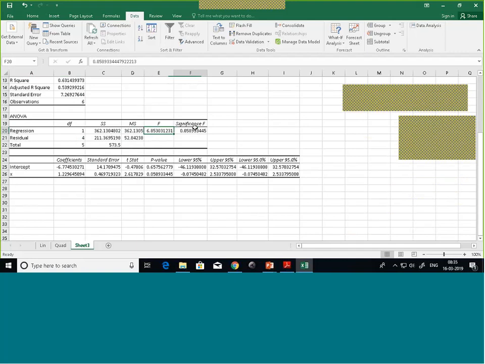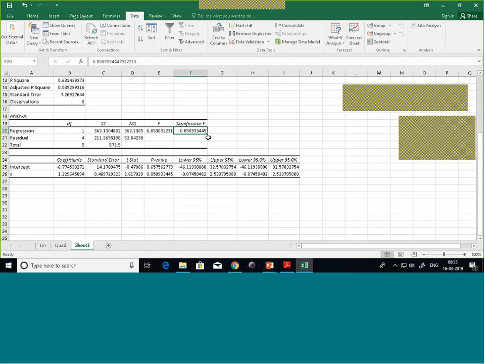Then it is also giving the significance F, which is coming out to be around 0.06. If that p value is less than or equal to 0.05 as per our alpha, what will we say?